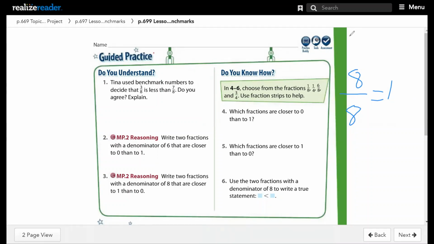So if it is lesser than 8 by a lot, like 1/8, it's very close to 0. So which fractions are closer to 0 than to 1? 1/8, and 1/4 is closer to 0 than to 1.